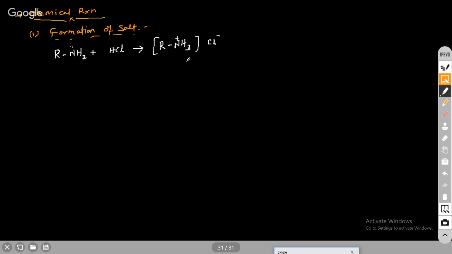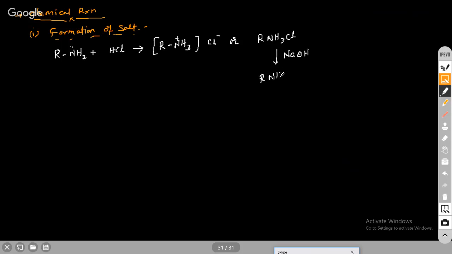Now what happens, if I write it like this, RNH3Cl, from this salt we can easily obtain the amine from which the salt has been formed, and for that purpose we use NaOH, any alkaline solution. In this, NaCl forms, H2O also forms, and RNH2 is obtained.